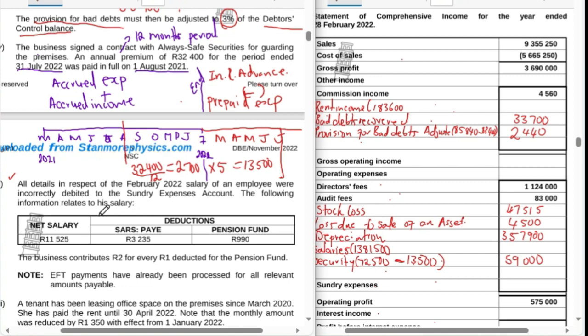So guys, here they are telling us that salaries for February of an employee were incorrectly debited to the sundry account. So we have another transaction that needs to be corrected. They were incorrectly debited, meaning added to our sundry expense. So now we need to correct this information before we can go to salaries.